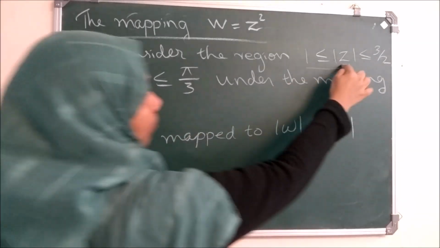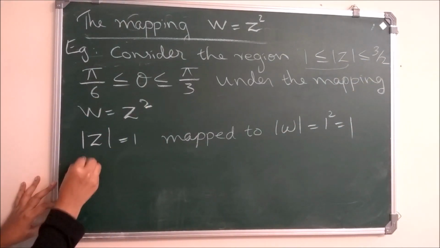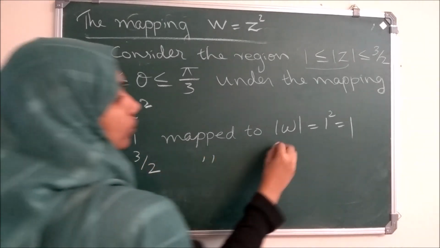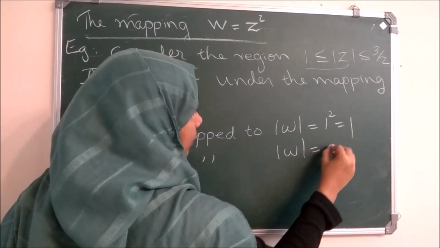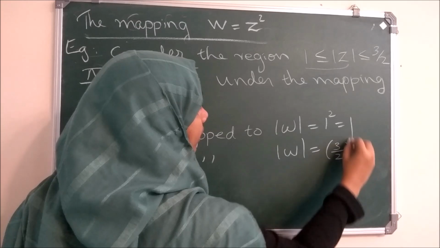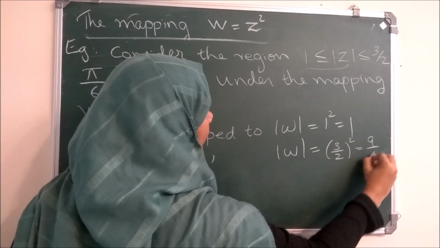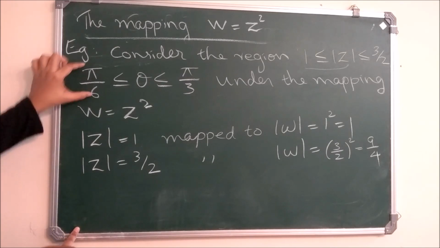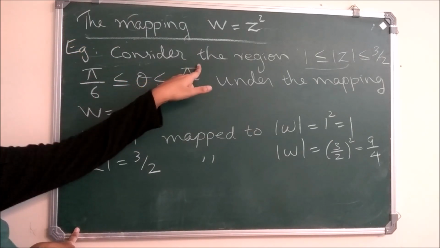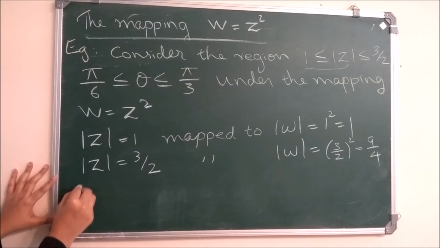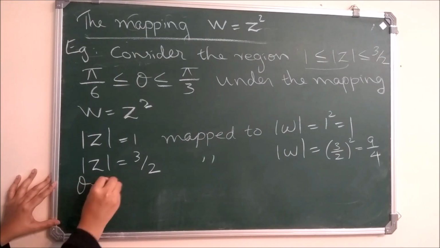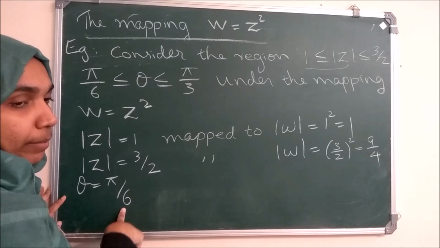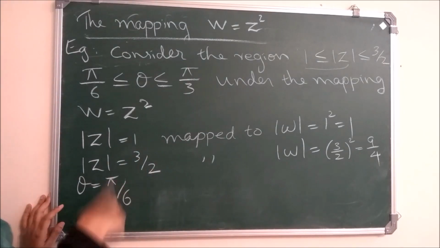Now the other part, mod z less than or equal to 3 by 2. If you take mod z equal to 3 by 2, which is mapped to mod W equal to 3 by 2 square, which is equal to 9 by 4. Now if you consider this region, pi by 6 less than or equal to theta less than or equal to pi by 3, theta equal to pi by 6. As we know, theta equal to theta naught will be mapped to phi equal to 2 times theta naught.